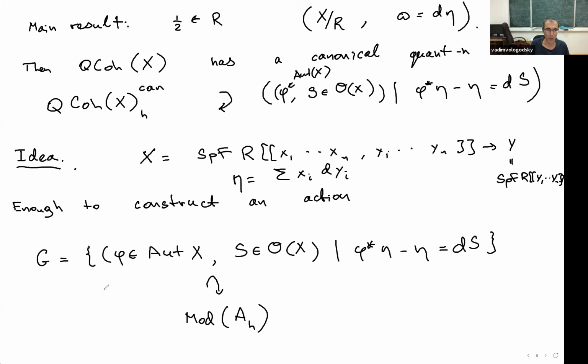And so I will explain it. The main idea is to look at certain elements in this group, which are called transversal. Let's say that phi, an endomorphism of X, is transversal if the following condition is satisfied.